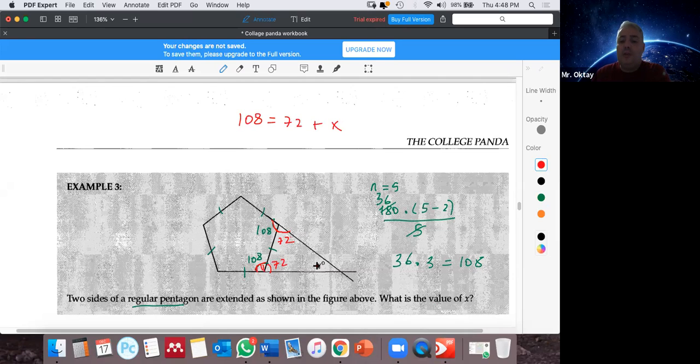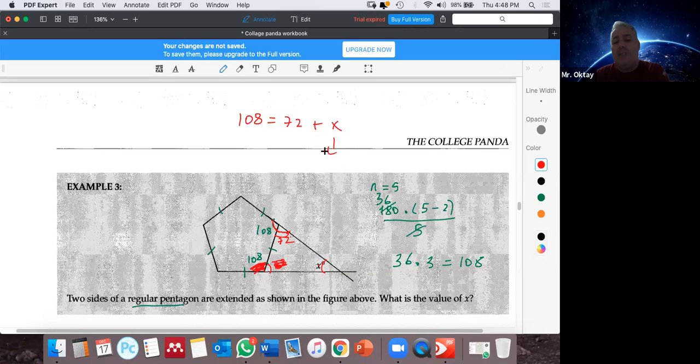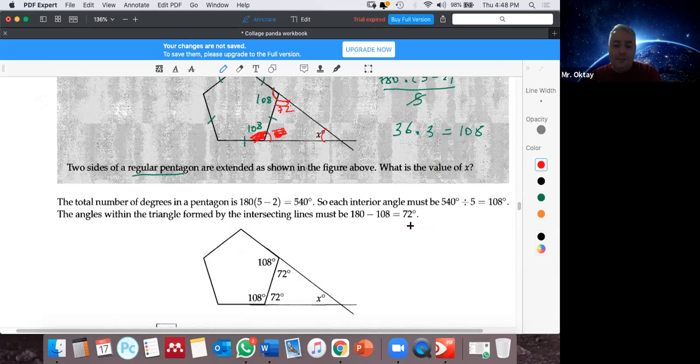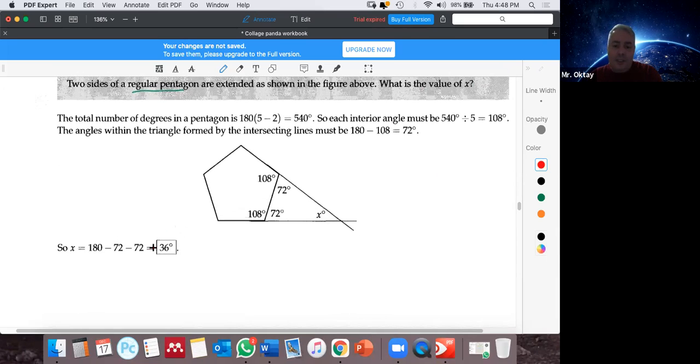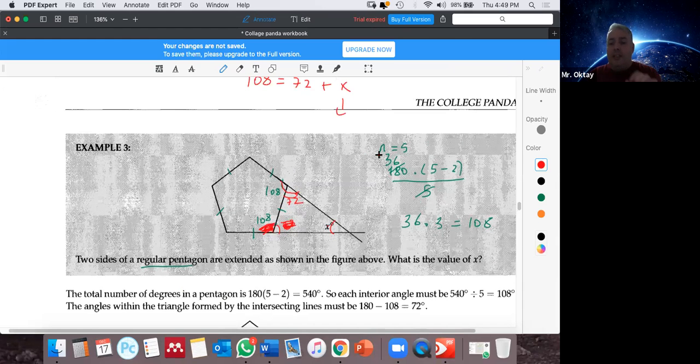Or if you didn't see this, say it's 72. 72 plus 72 plus x is 180, but no need. The exterior angle is equal to the sum of the two remote interior angles, and then the result comes out. I'm not calculating now. You can do this, or it is here. What is that? 36. Okay, how did we solve the question? Again, we know that the sum of the interior angles of any polygon is 180 times n minus 2.